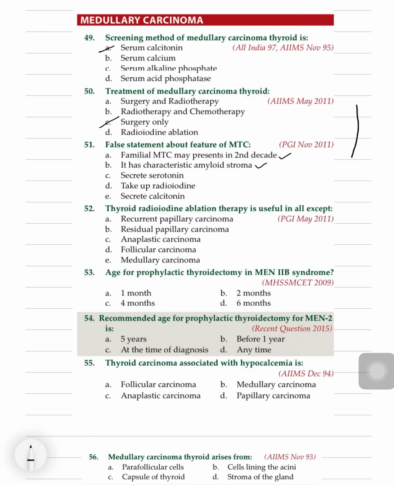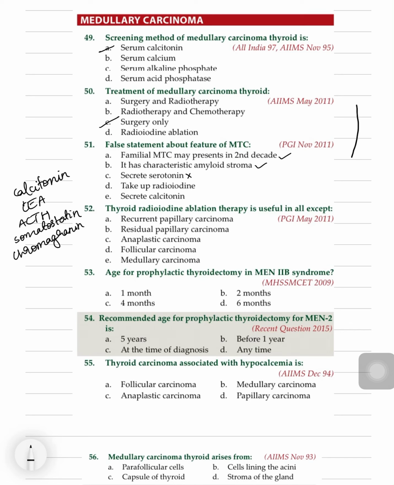It can, because at higher levels you have calcitonin followed by CEA, and even ACTH, somatostatin and chromogranin are possibilities. But secreting serotonin may not be at a significant rate, so you can take it as the false statement.